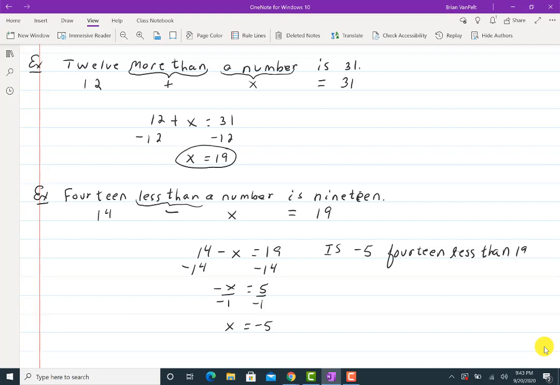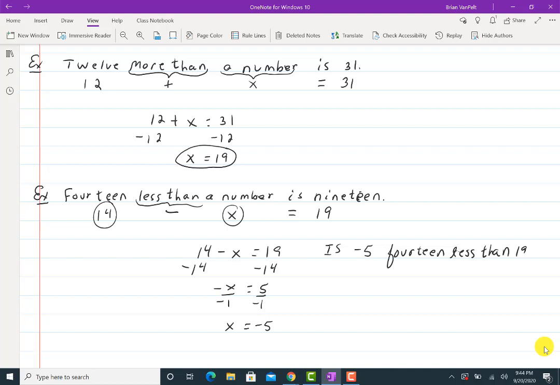It's not true. In fact, negative 5 is 24 less than 19. So it's not correct. What was wrong? What was wrong was that we put this and this in the wrong spots. Those completely ruined it. Trying to transcribe the sentence directly underneath like this failed. So you have to have some reading comprehension to do these problems. They don't always work out exactly.